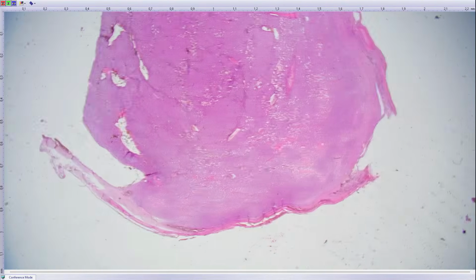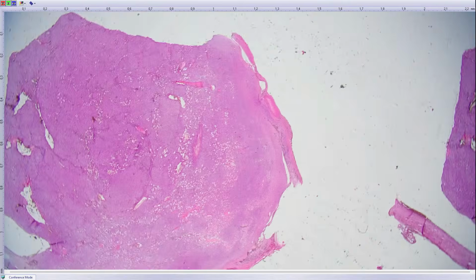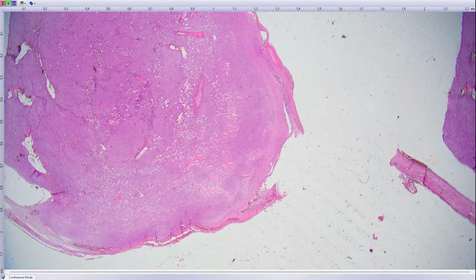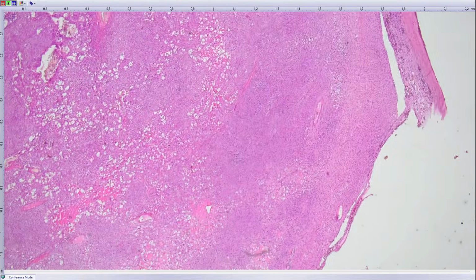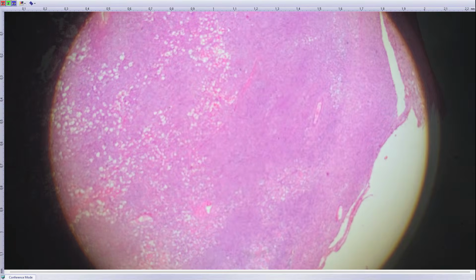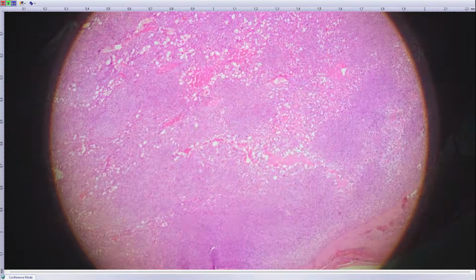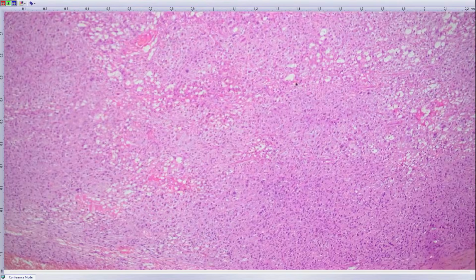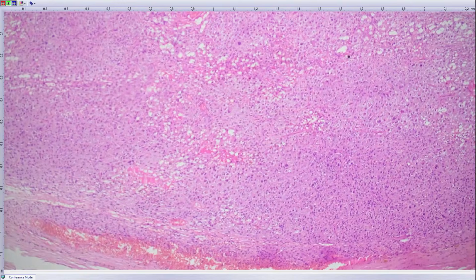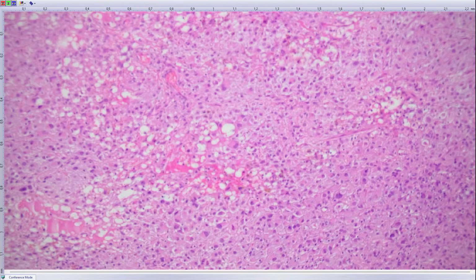And this is the scanning magnification. It's a well-circumscribed tumor, which, on higher power, consisted of these atypical epithelioid cells with abundant cytoplasm.